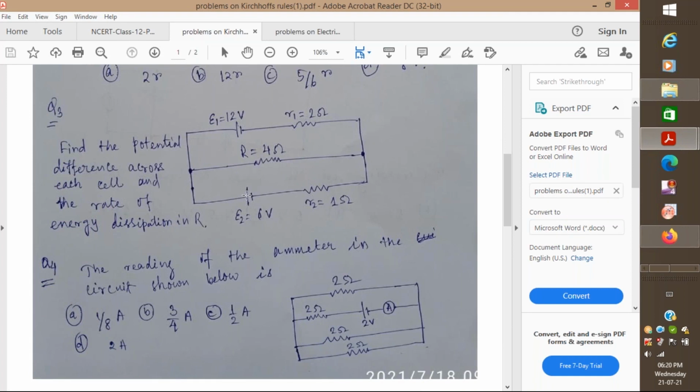Okay, so this question also, Q3. This question is also very straightforward. Okay, so I'll just take this question still for discussion.